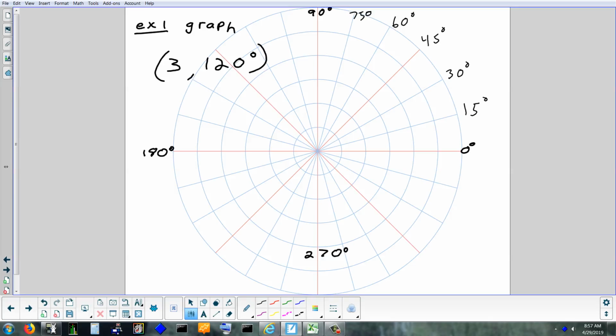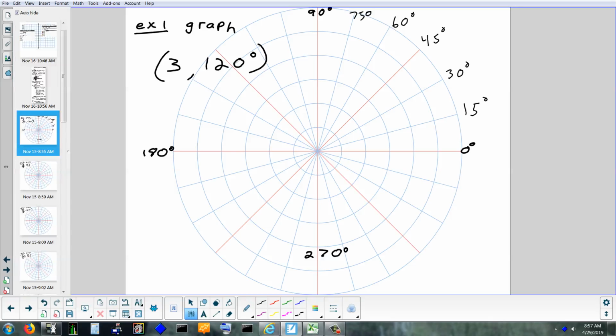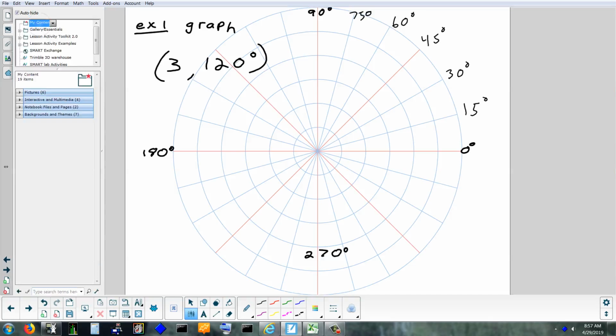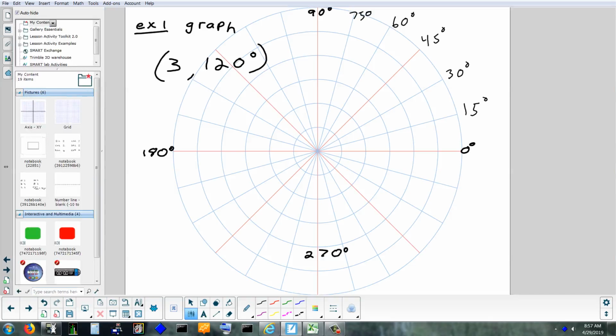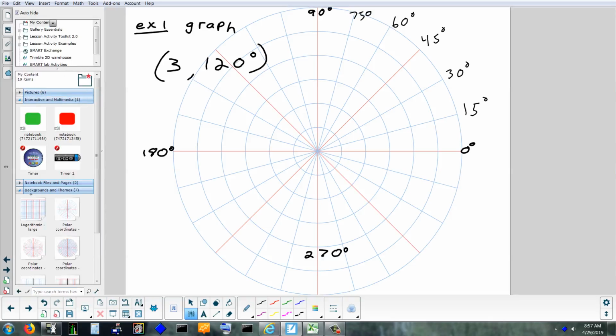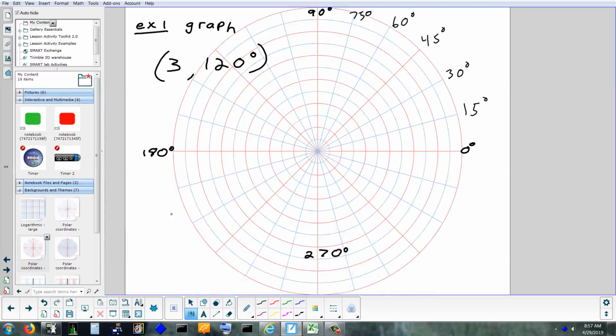The size of the rings here, we've got 1, 2, 3, 4, 5, 6. Some polar graph paper could be smaller. Like if I have, let's see if I have a smaller one. Yeah, so that one has a little bit smaller rings, so it's packing in more for the radius.